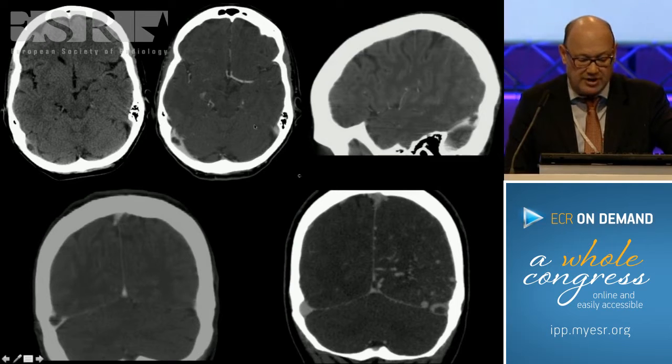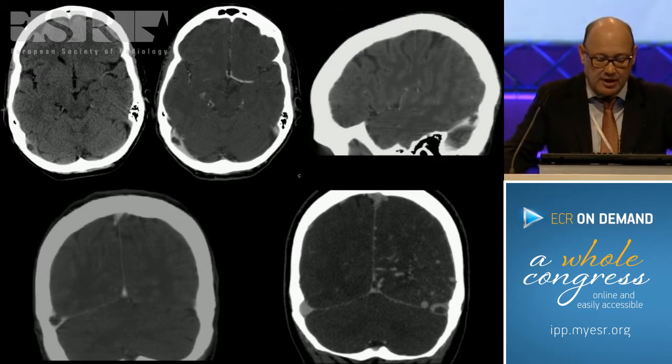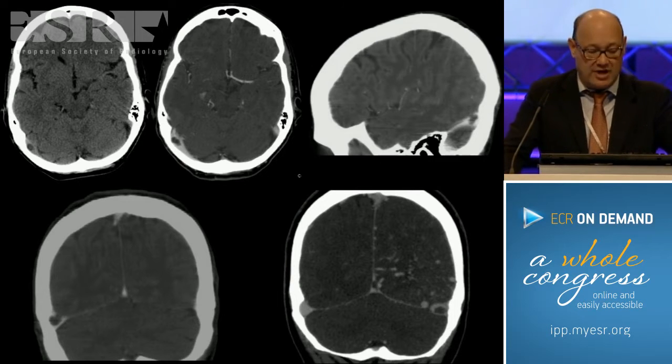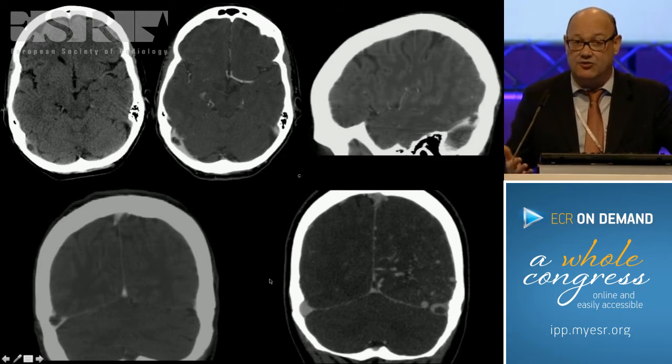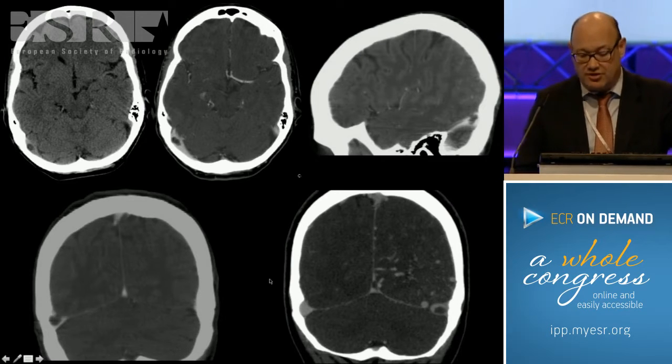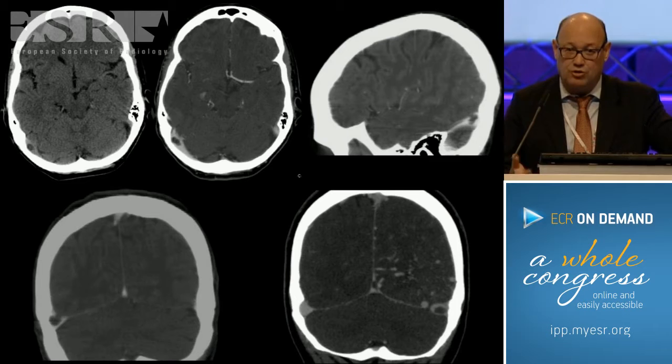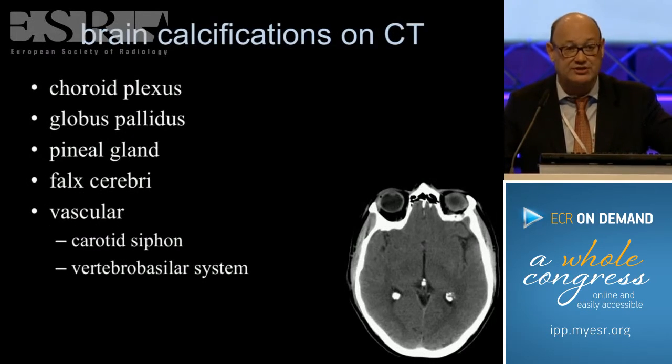It is a typical location where you can find giant arachnoid villi of Pacchioni, and they may not be mistaken for a venous thrombosis, like you can see in this patient where you see there's this hypodensity in the sigmoid sinus. This is the normal variant. So you really see they can really look alike, and it's also very important to correlate the imaging findings with the clinical information of the patient.